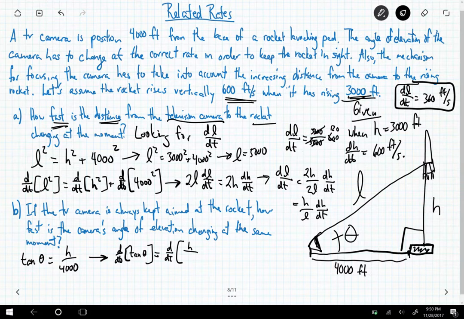Now think of this as 1 over 4,000 times h. That's an easier way to do it. You don't have to use a quotient rule or anything fancy like that. When we have this, we have secant squared theta d theta/dt equals 1 over 4,000 dh/dt.